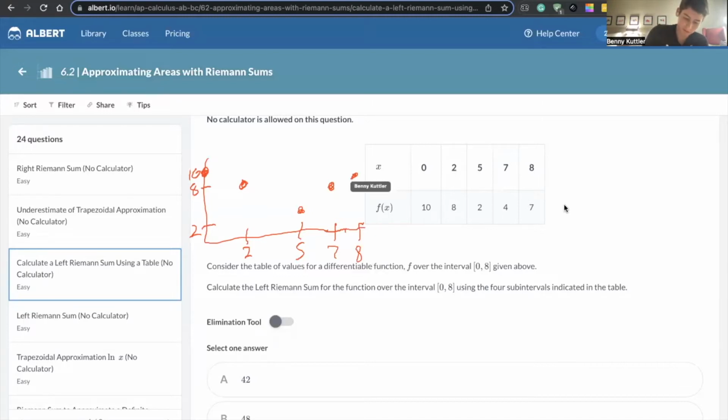So our graph is going to look something like this, but we don't really know. The point is that we're going to use the left values of this function to make rectangles. So we're going to go here, here, here, here, and oh no, not that last one, because we're only concerned up to this point.